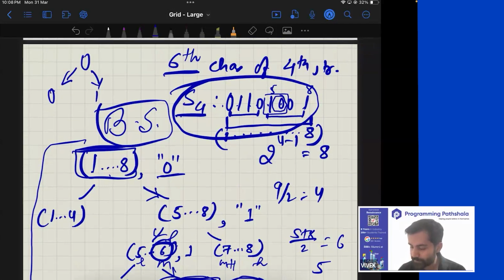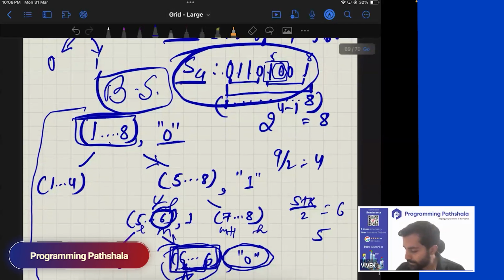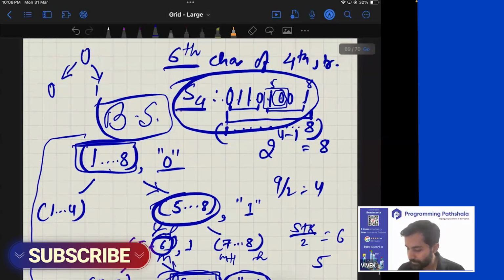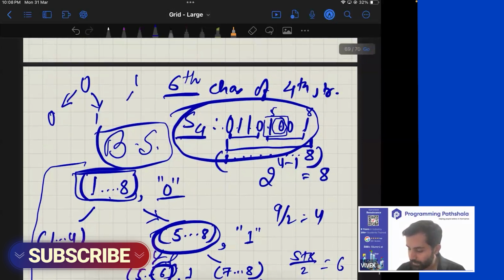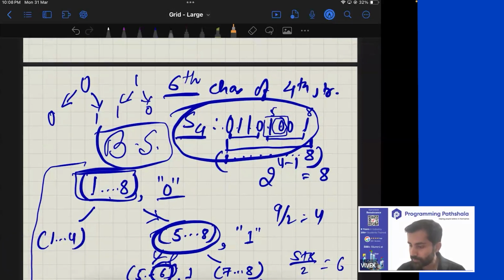If we are going right, it becomes 1. But if the current representation is 1, if we go left, it is 1. If we go right, it becomes 0. So there is solid evidence from here that if you go left, the representation remains the same. And if you go right, the representation toggles. Toggle means if 0, it becomes 1. If 1, it becomes 0.